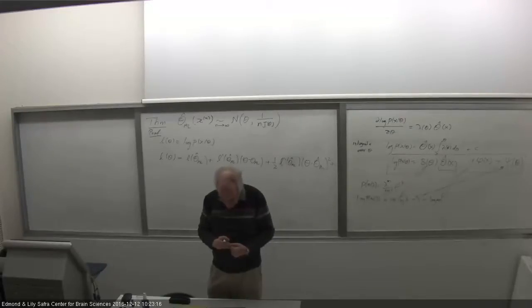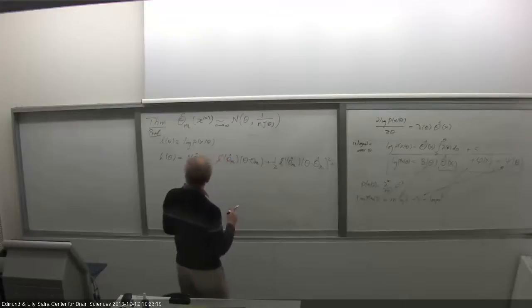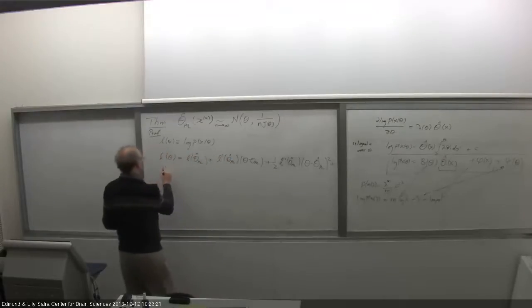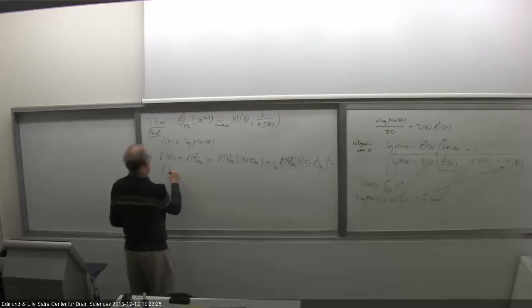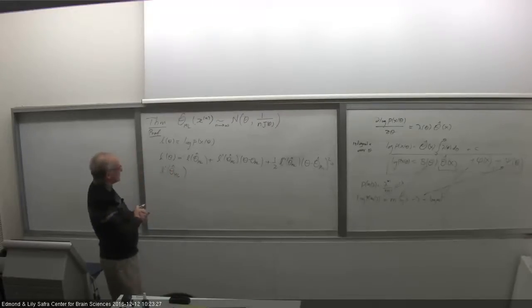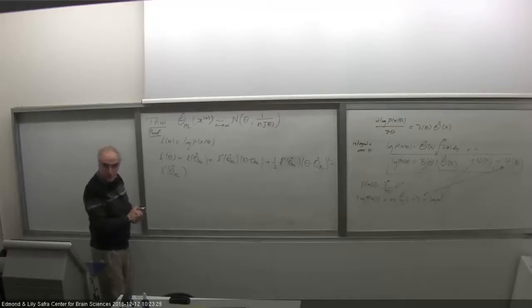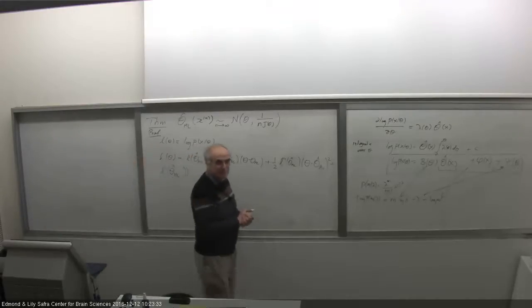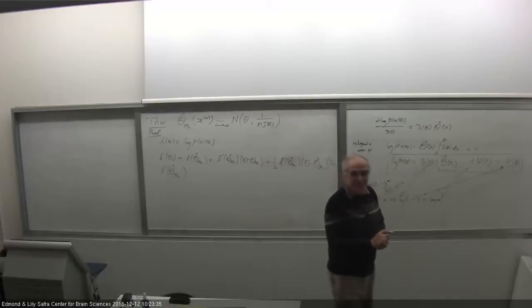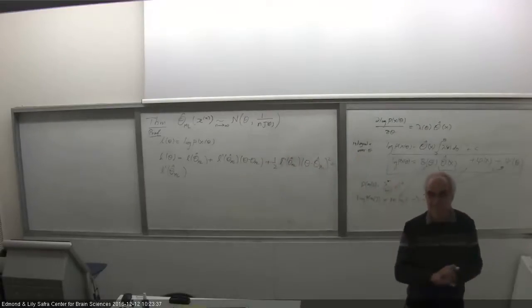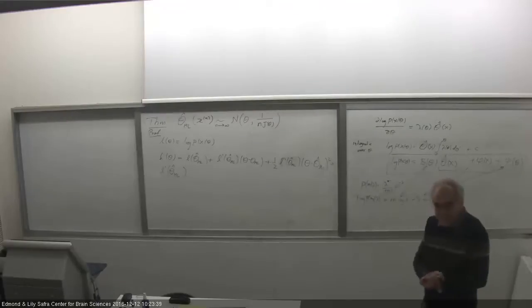So first of all, I want to write it slightly differently. The first derivative of the log likelihood at theta ml: it's a maximum.